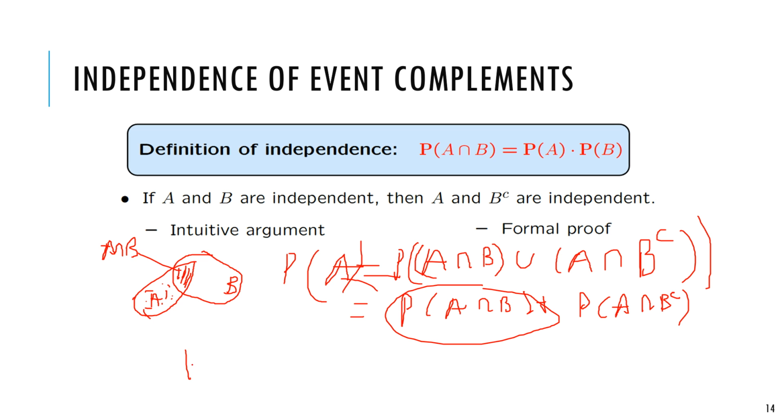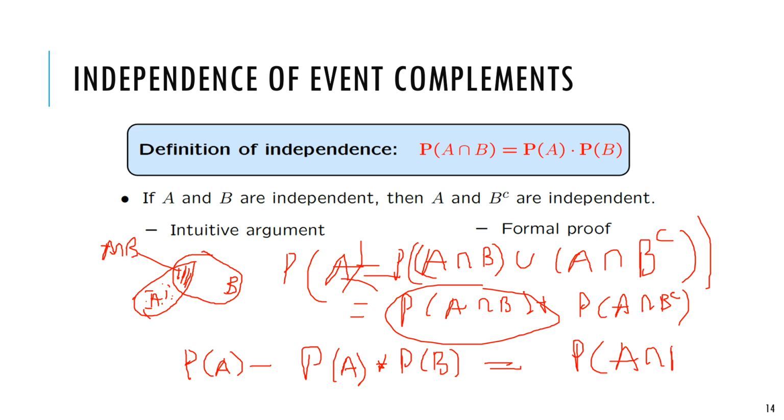It is equal to probability of A minus probability of A and B. Since it is independent, that is probability of A multiplied by probability of B, equal to probability of A and B complement.